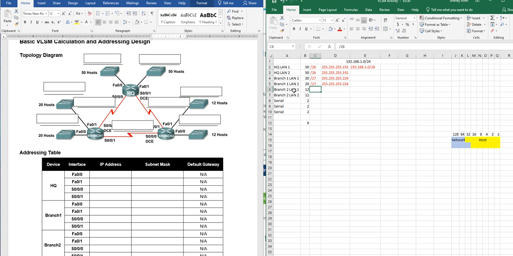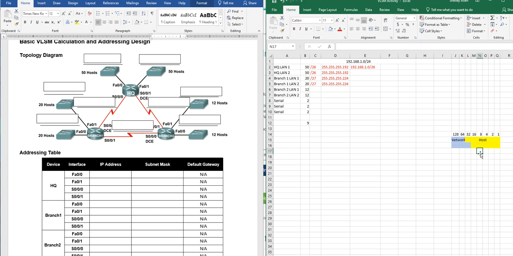We have the 12. So what do we need to accommodate for 12? Well, you start asking yourself again, is this enough? No. Is this value enough? No. Is this value? Okay, to the second. So then you go to the next one.